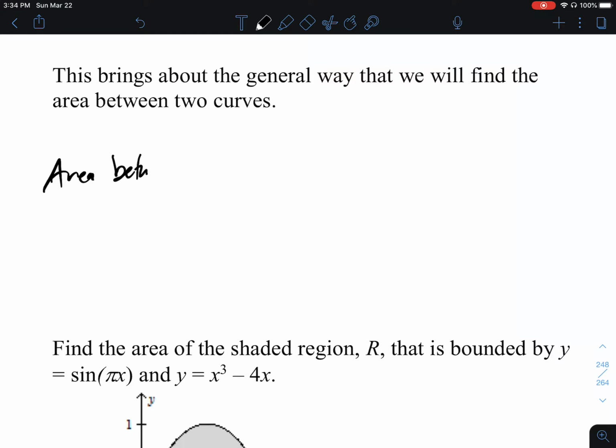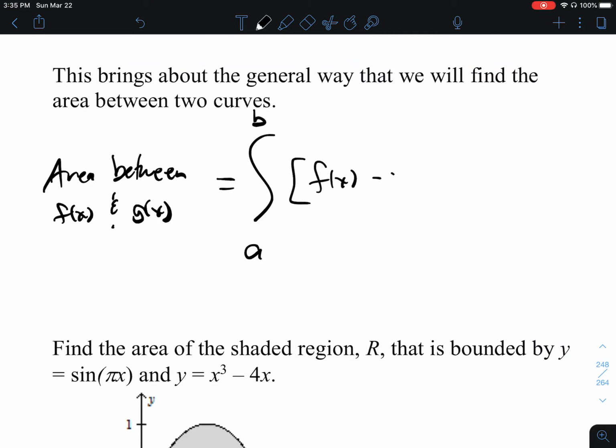Area between f of x and g of x equals integrating from a to b f of x minus g of x dx.